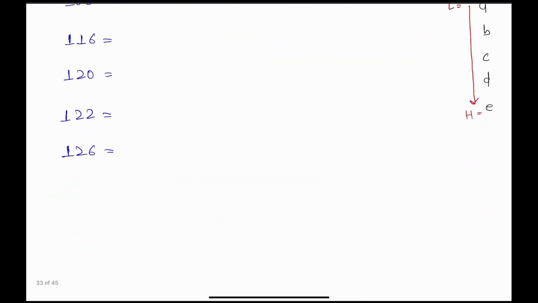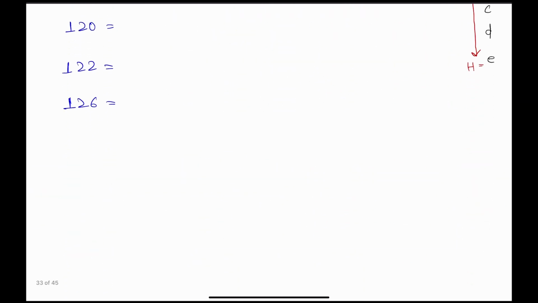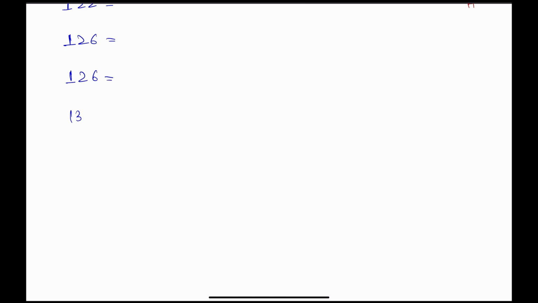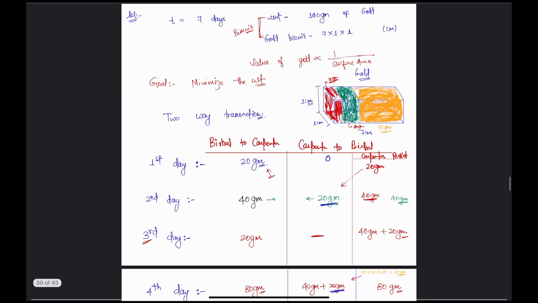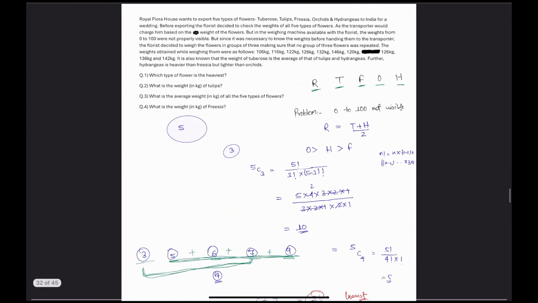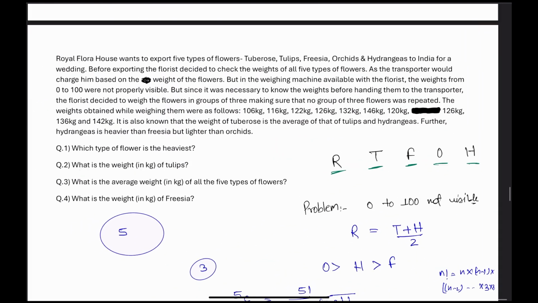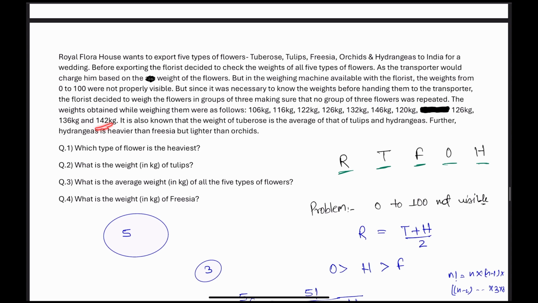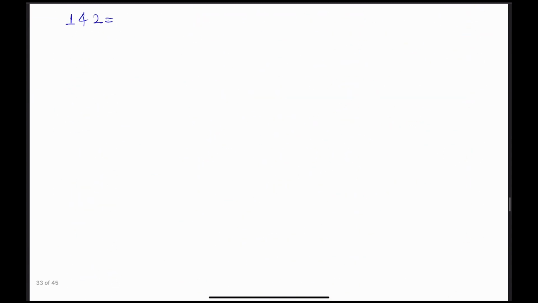Correct. So let's write it down: one more 126, then 132, 132, 142, 142, and last one is 146.